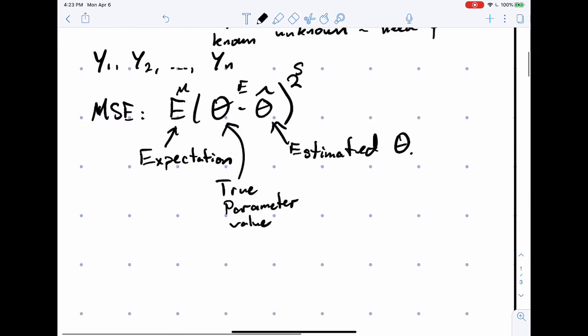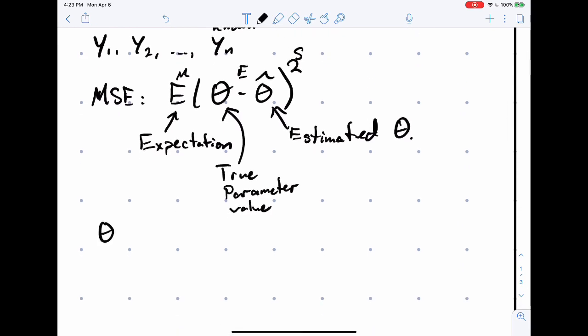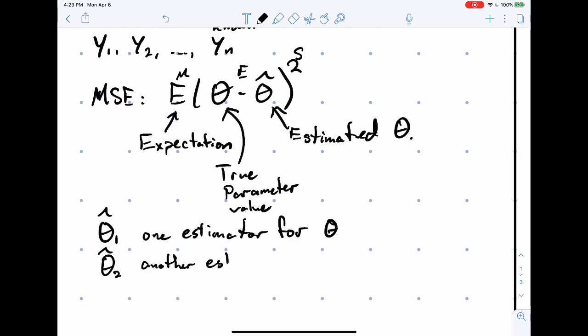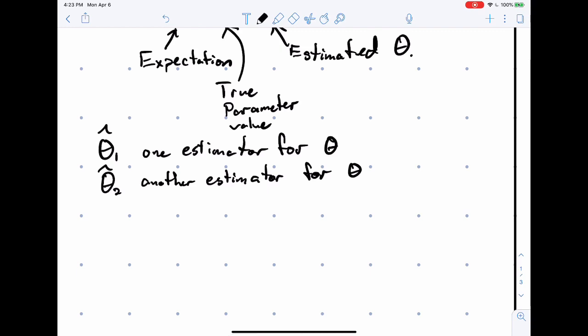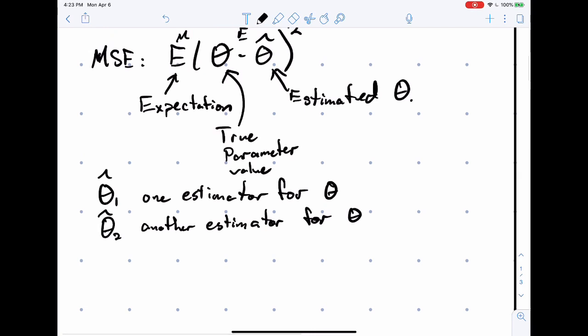So if you were comparing two estimators, if you have theta hat 1, one estimator for theta, and similarly, you have theta hat 2, another estimator for theta, then the better one is the one that minimizes the mean squared error.